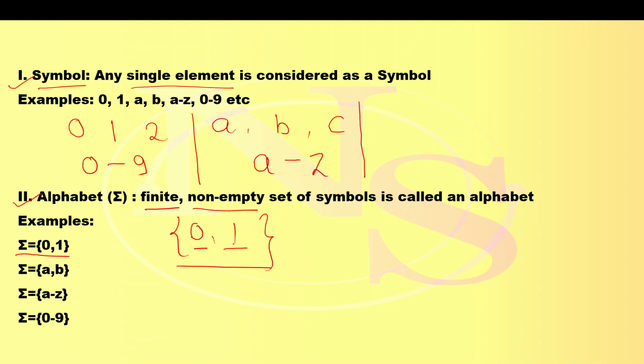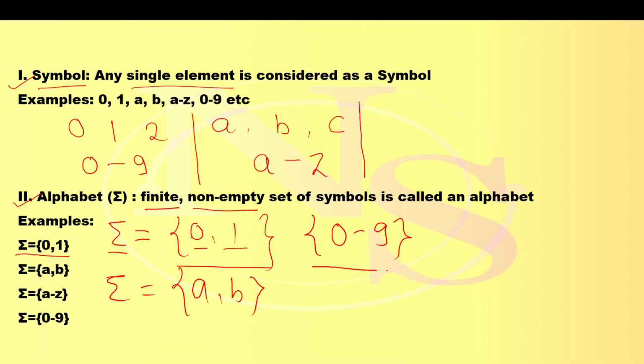This can be a set of symbols, or a set of binary numbers. As per the requirement, we can define it in any way. The alphabet, the set of symbols, is denoted by sigma. Sigma can be a set of binary numbers, or characters A, B, or all the numbers from 0 to 9. But the notation should be a set notation, and using sigma we can denote it.